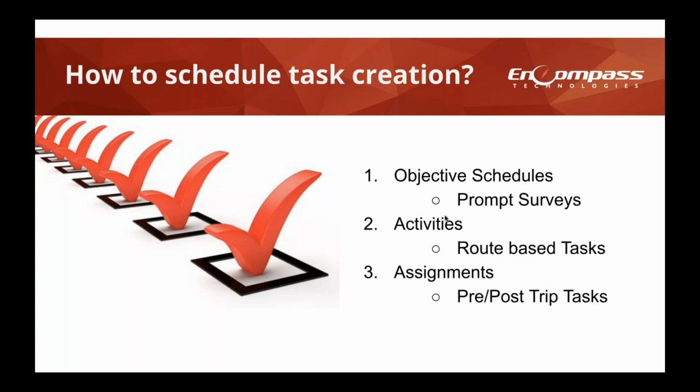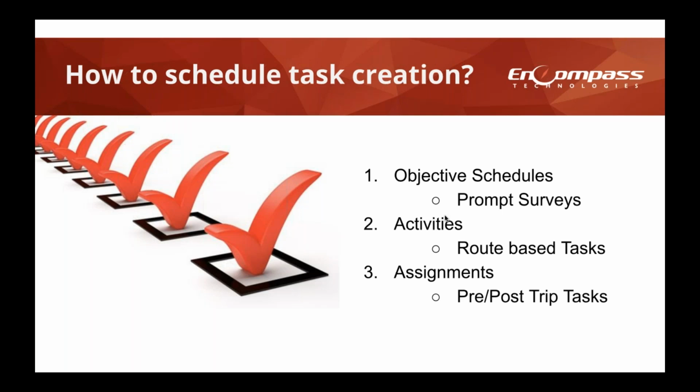For example, work orders, right? It would be very simple for someone to just add a task on the fly and say, pick up the pallets at the back of this Walmart. Or they can go ahead and easily add tasks from just taking surveys whenever they want. So there is a take new survey option within Encompass Mobile. They're always welcome to go ahead and tap in that section and take whatever surveys that you put out there for them.